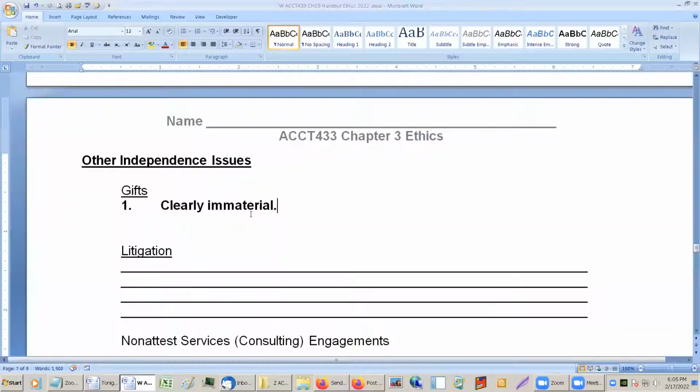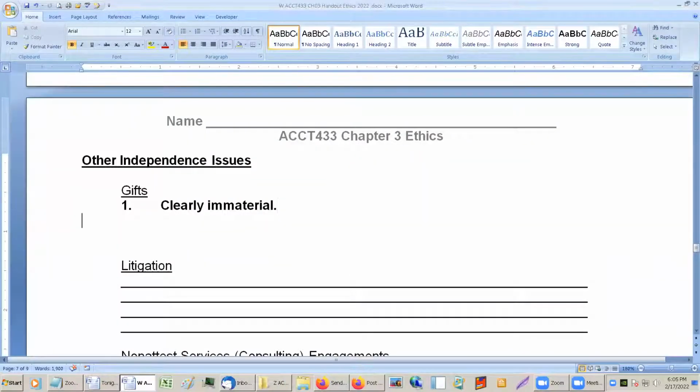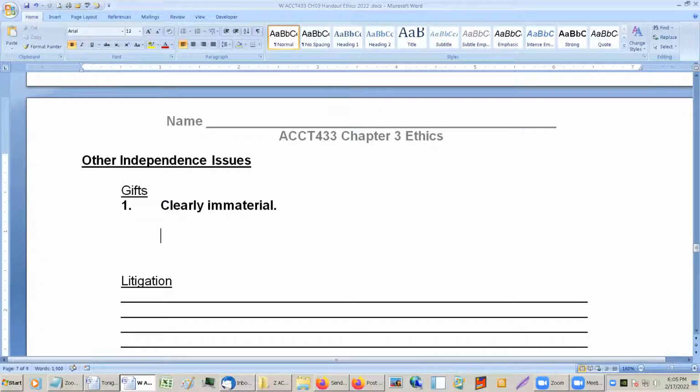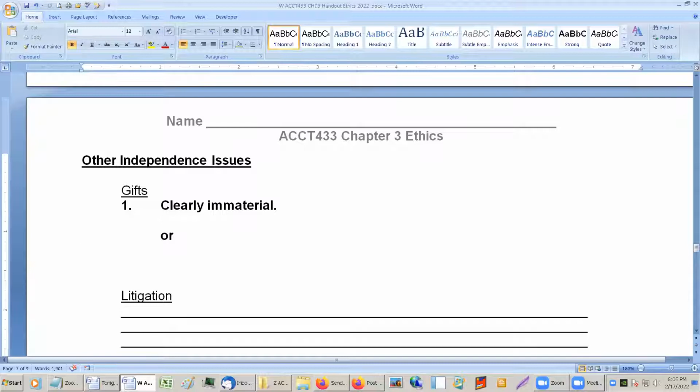Now there is a second form that can be a little bit more troublesome. I like to call this the golfing rule.